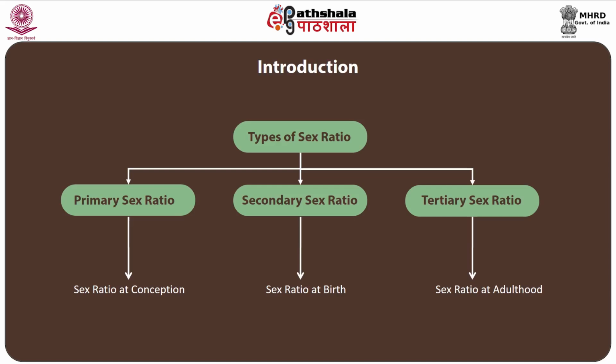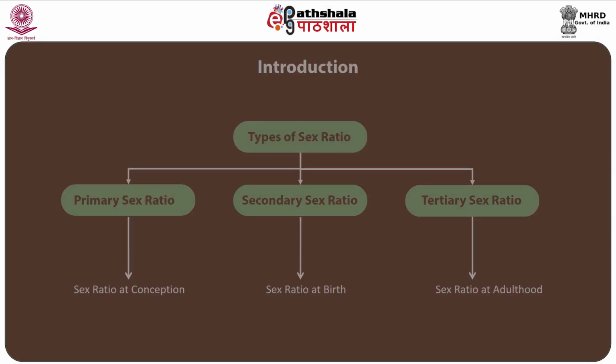The tertiary sex ratio is the ratio between males and females at the time of enumeration. Normally, we would imagine that the tertiary sex ratio represents the real sex ratio, but even in this case, it is often found that there is sex selective under-enumeration in many instances.